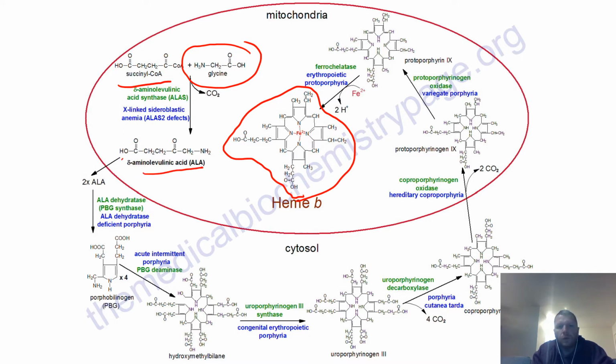That ALA is transported out of the mitochondria into the cytosol until ultimately we get to a point where we're bringing back this protoporphyrin 9, and that protoporphyrin 9 is finally our last step prior to getting the iron ion into the center of that heme ring.